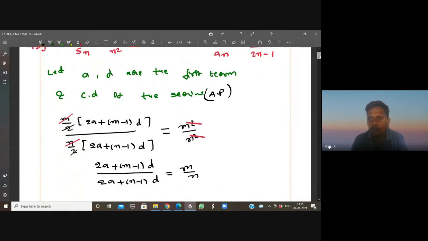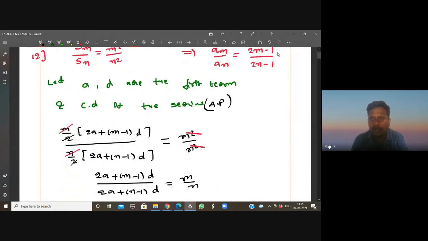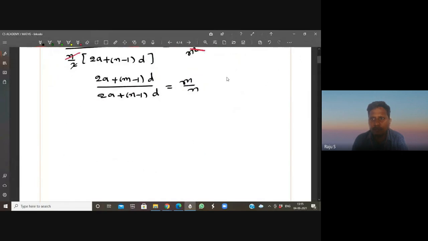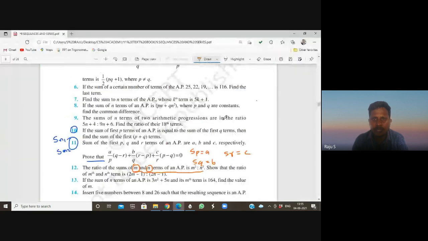So what shall we do here? On the RHS, what you observe is 2m minus 1 and 2n minus 1. So here also I'm going to replace m by 2m minus 1, n by 2n minus 1, in LHS and RHS, because we have to prove that the ratio of the mth term and nth term is 2m minus 1 by 2n minus 1.